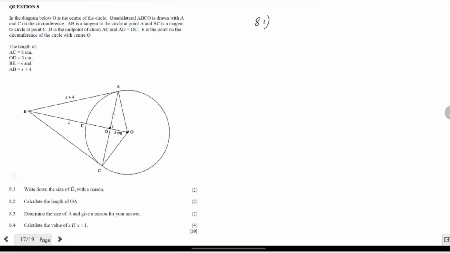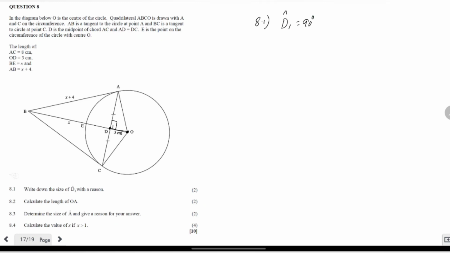This line is coming from the center to the chord, and this point is the midpoint, which means D1 must be 90 degrees. Isn't it? A line from the center to the midpoint of the chord. That's the second theorem. The first one is perpendicular, then bisect. Here it is bisecting, which means D1 is 90 degrees. Very simple. D1 is equal to 90 degrees.